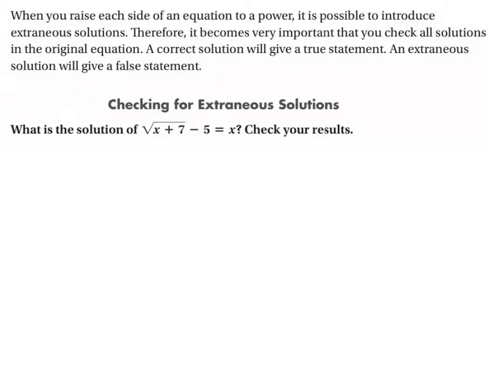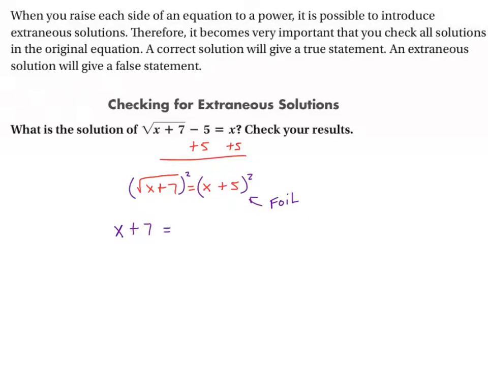So in this case, we're going to start by adding 5 over here, and we're going to get the square root of x plus 7 equals x plus 5. Now to get rid of the square root here, we're going to square both sides of the equation. When we square this half, we're going to have to use FOIL. On the left, pretty easy, it's just x plus 7.